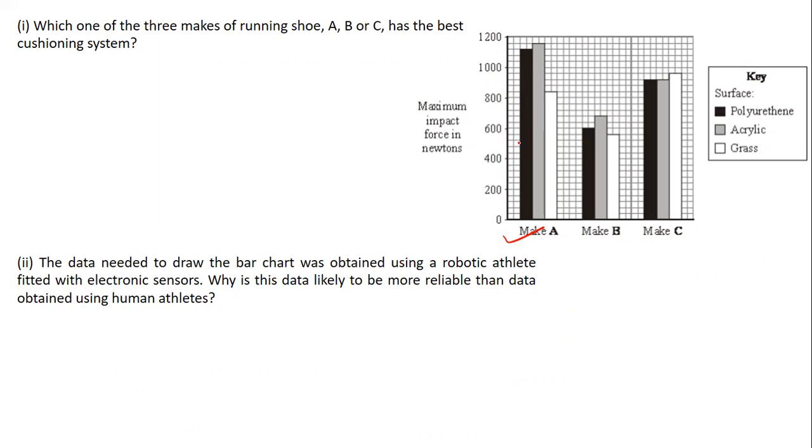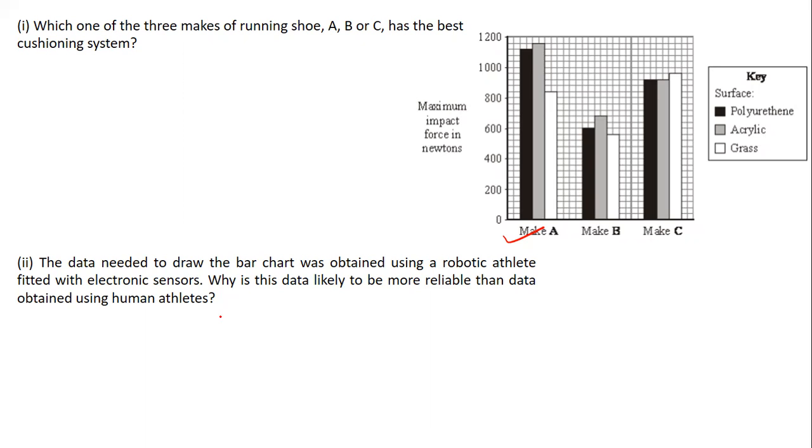So it is A. The data needed to draw the bar graph was obtained using a robotic athlete fitted with electronic sensors. Why is this data likely to be more reliable than data obtained using human athletes? So why do you think so? Yeah, it would be difficult to use electronic sensors on humans.